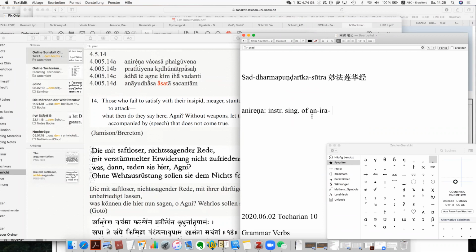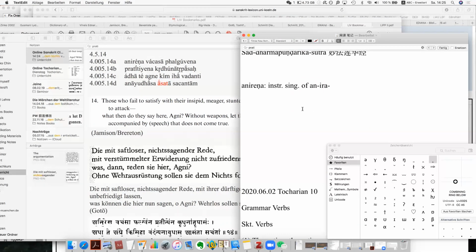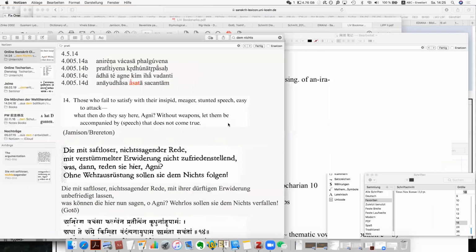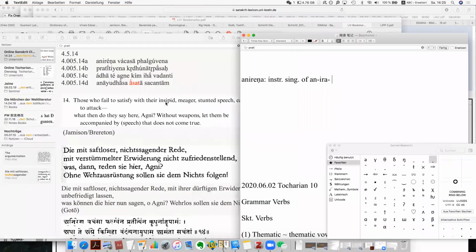Anira means actually without juice or without this strengthening drink. Yeah. Okay. And I think the English translation should be insipid, right?